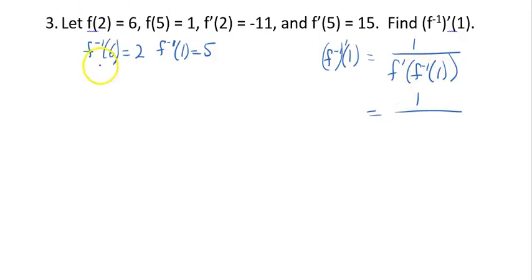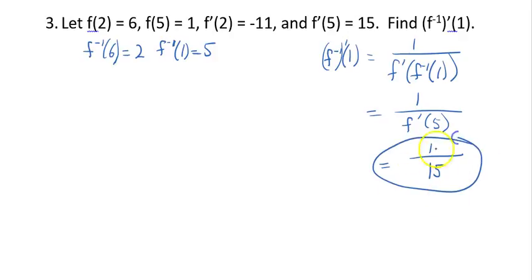So f inverse of 1 is 5, because I figured that out to begin with. It was the switch of this point here. So I have f prime of 5 on the bottom. And then I look up and try to find f prime of 5. So f prime of 5 is 15. So my answer is 1/15.